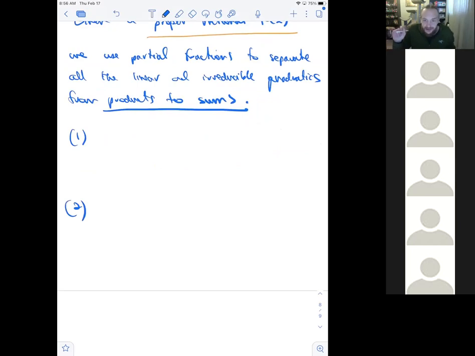So the first case is if you just have 1 over x minus a in the product of your denominator, then what we're going to do is guess A over x minus a. It's going to be our guess for that part. You'll see what we mean in a second when I pull this all together.